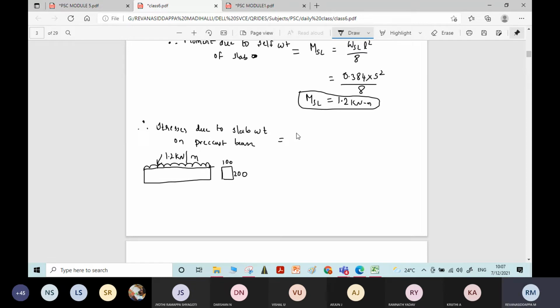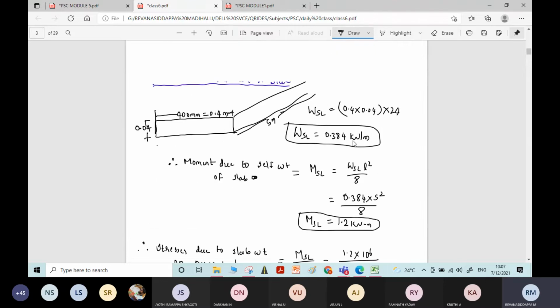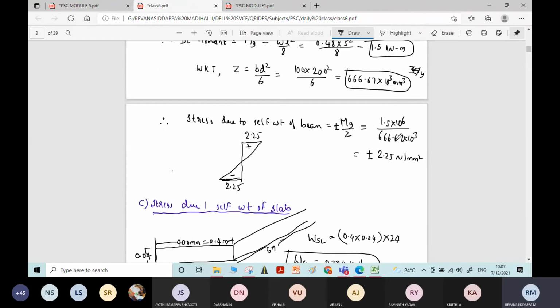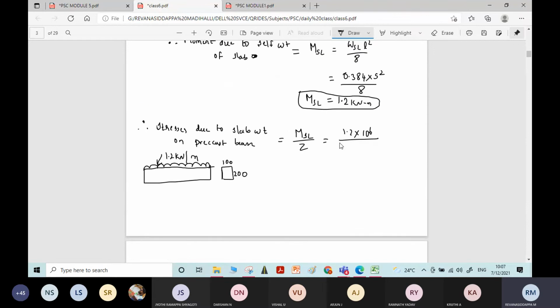That is MSL divided by section modulus Z of rectangular section, 1.2 into 10 power 6 whole divided by Z. Z is how much? 666.67 into 10 power 3. Plus or minus, this is also.